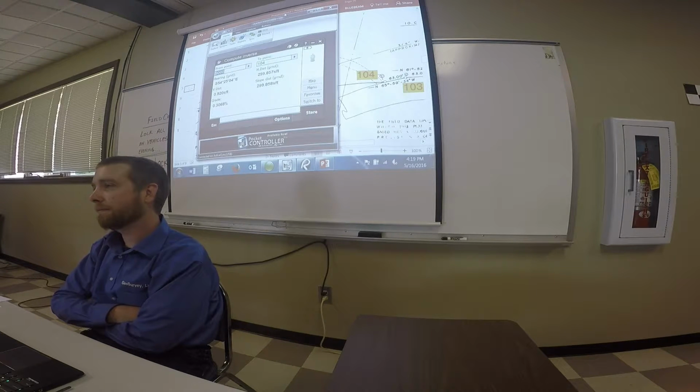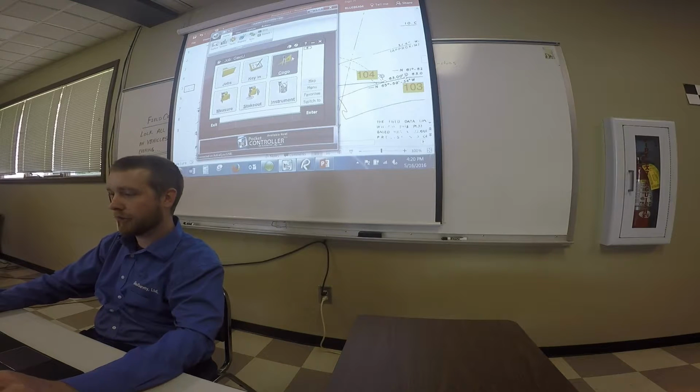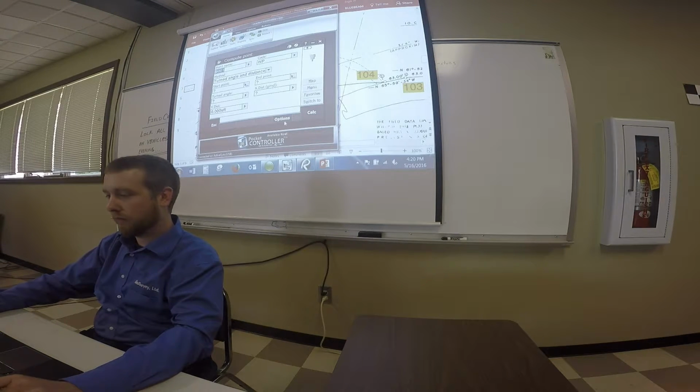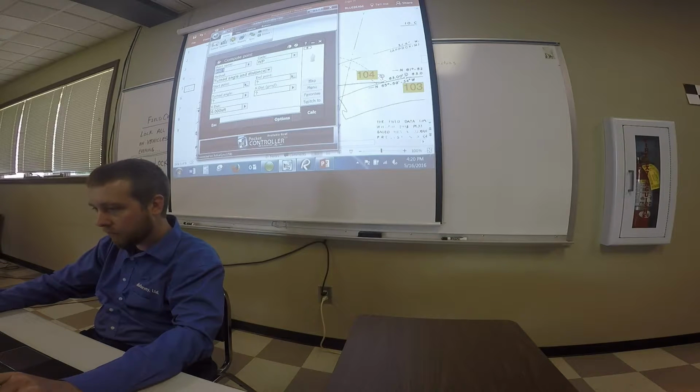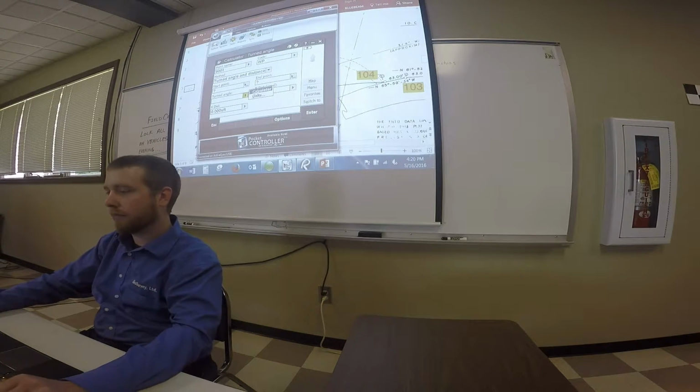Can I mention how to pull up the calculator? You go back to that screen, the compute point. You hit the arrow next to the turned angle field, Calculator, and go down to azimuth.